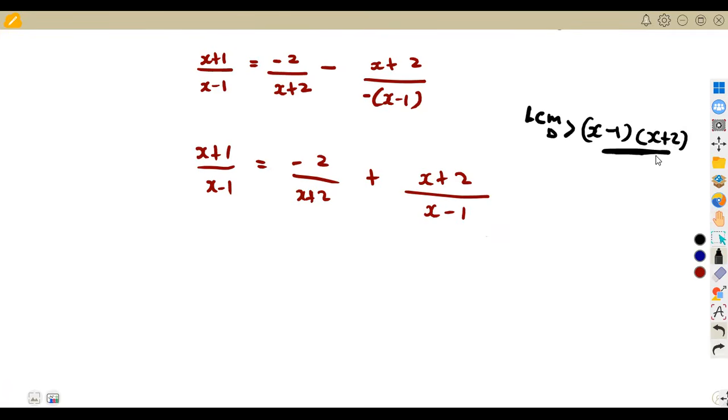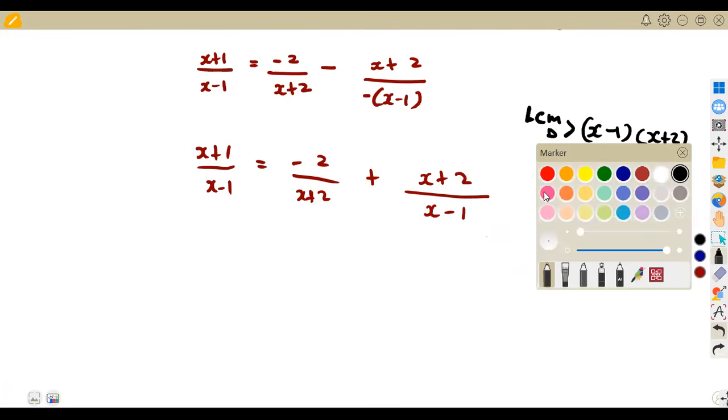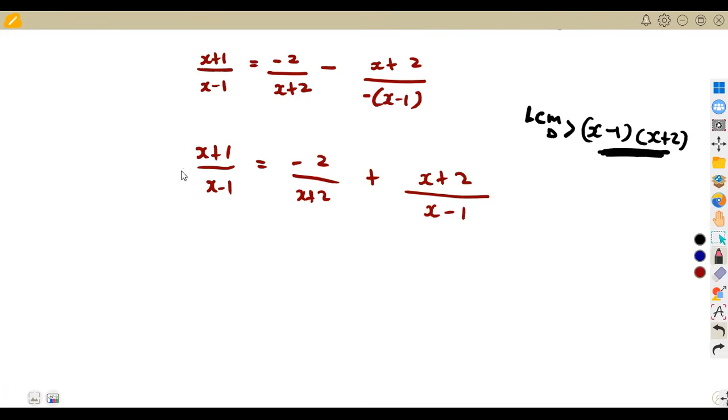All right, so what do we do? We have to multiply each and every term by the LCD, which is x minus 1 times x plus 2. The same thing here by x minus 1, x plus 2, each and every term. Also here by x minus 1 into x plus 2.